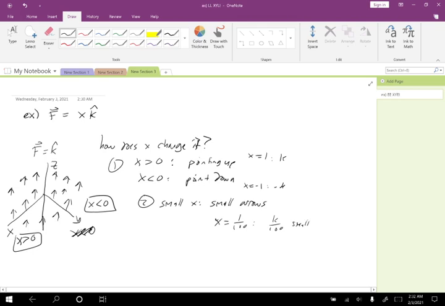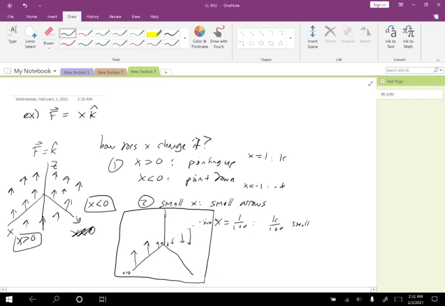So what I'll now do is I'll try to draw the vector field, and we're going to change it according to these two ideas. So let me just draw the negative x-axis right there. And what I will do is I'm going to draw very small up arrows near the origin, very small down arrows, and then I'll draw a few big arrows as we get farther away from x equals 0.